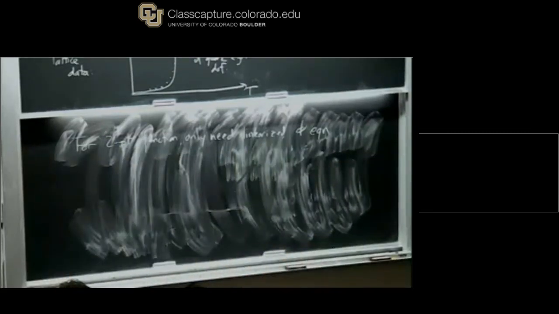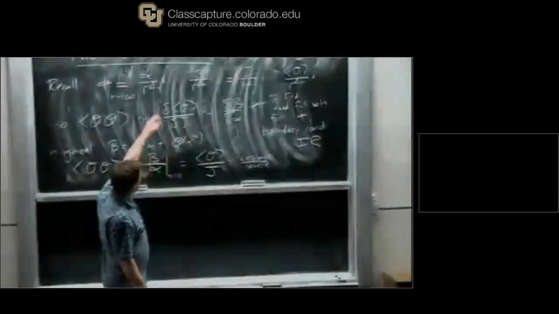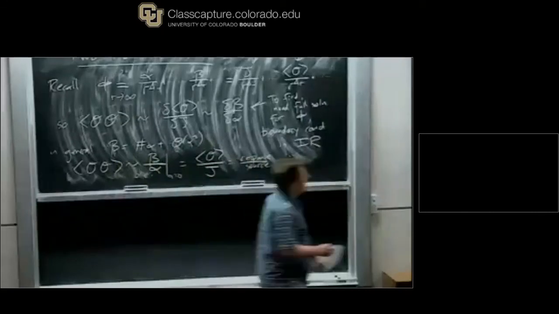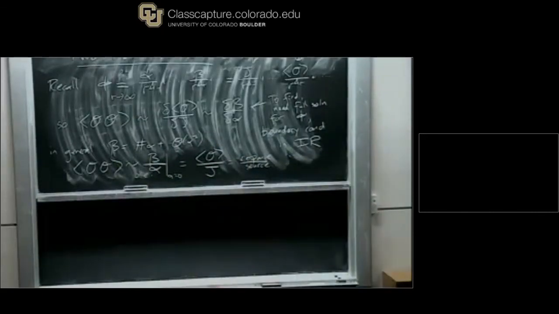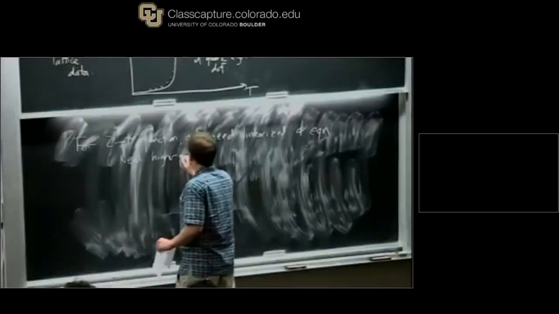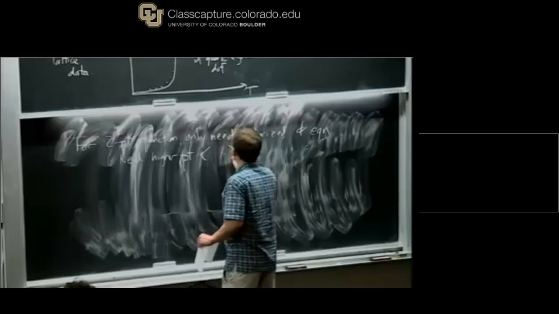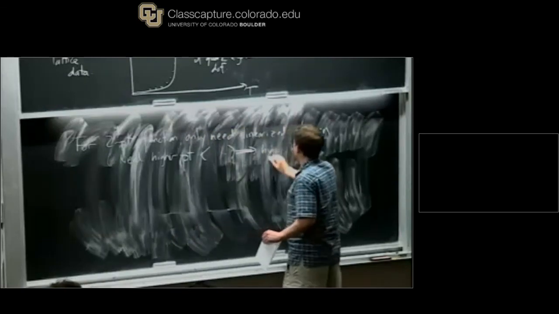I'm only going to end up needing one, essentially, to calculate this ratio here. I basically just have to solve the linearized equation, find these, and take the ratio. If I needed to do higher point correlators, which I won't do, I'll need higher powers of interaction.